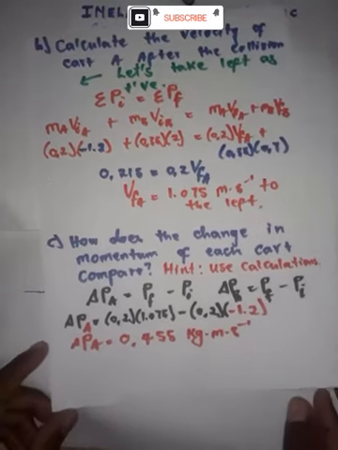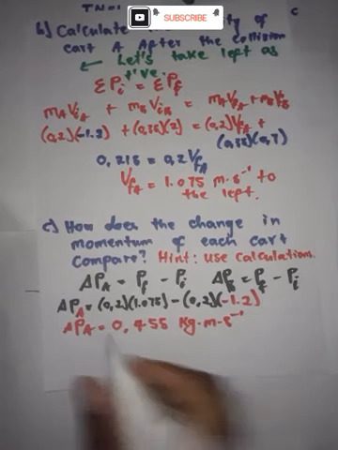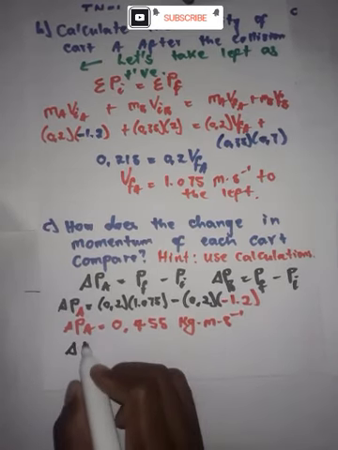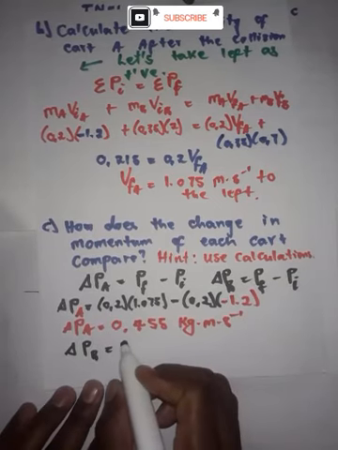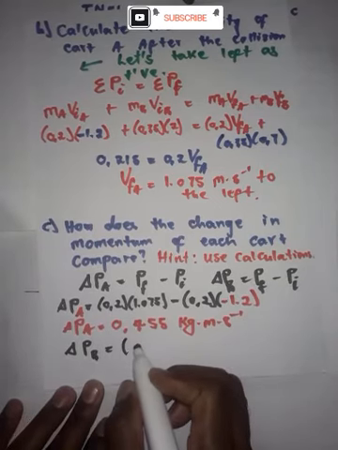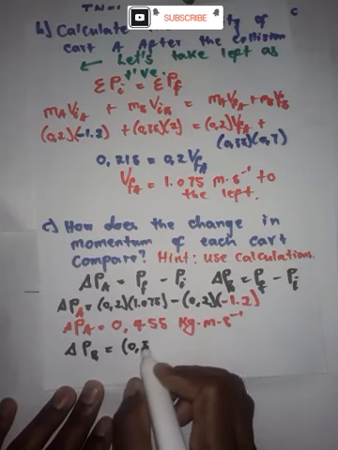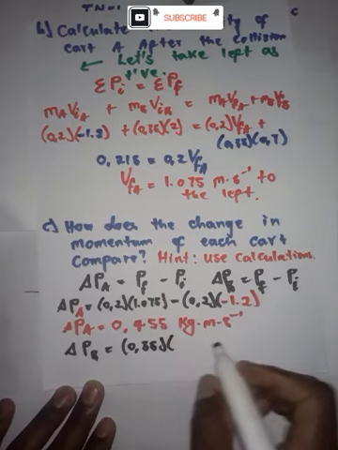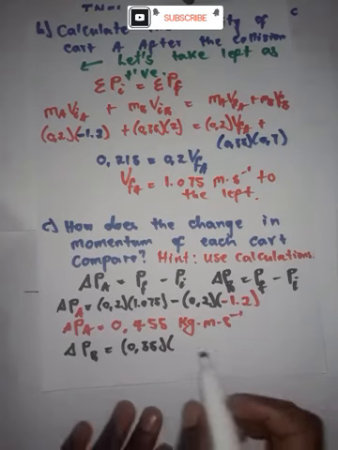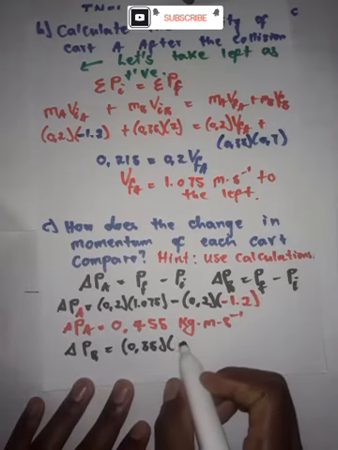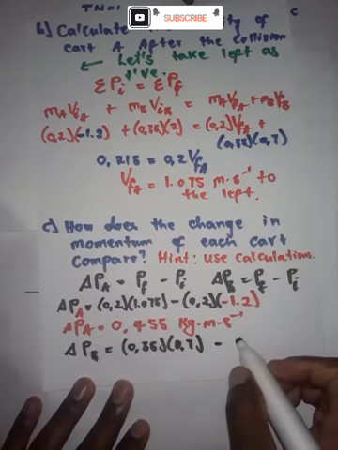The last one is the change in momentum for B. So the change in momentum for B is going to be the mass, which stays the same, it will never change, multiplied by the final velocity, which was 0.7, minus the initial.